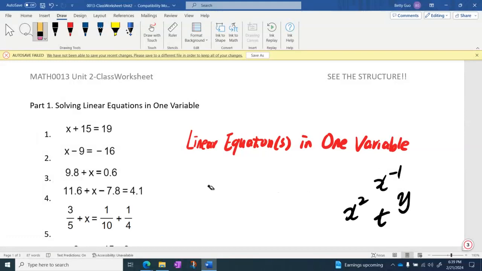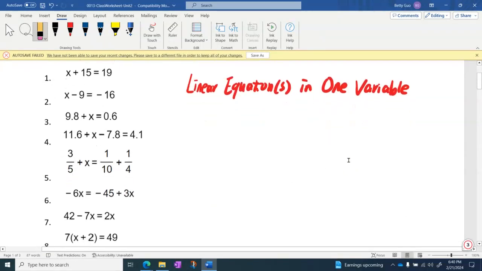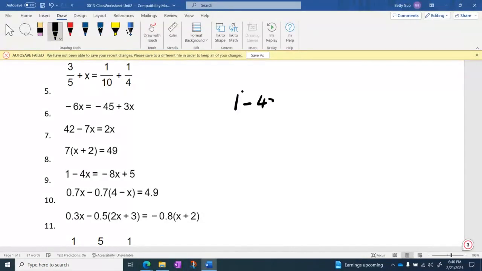Our focus today is to solve a linear equation in one variable. Okay, let's get started. Let me pick a question here. Okay, I'm going to do number 9. I have 1 minus 4x equals -8x plus 5.